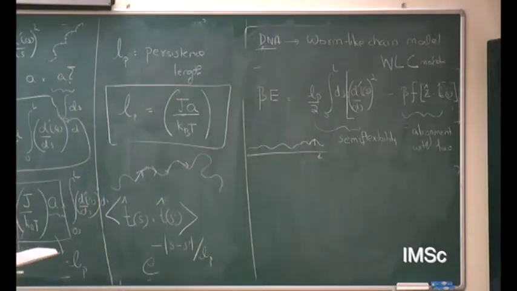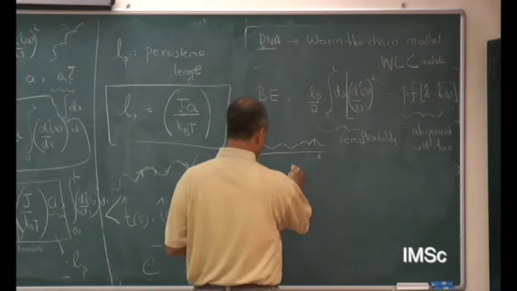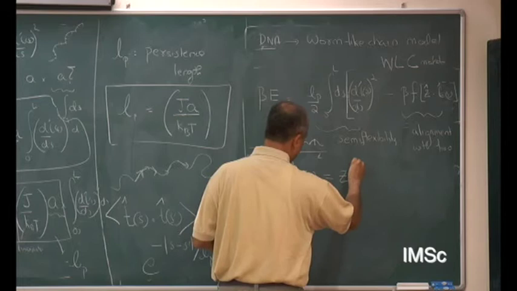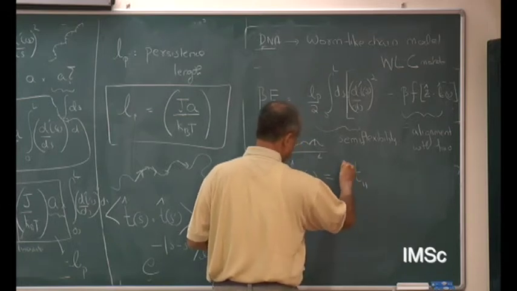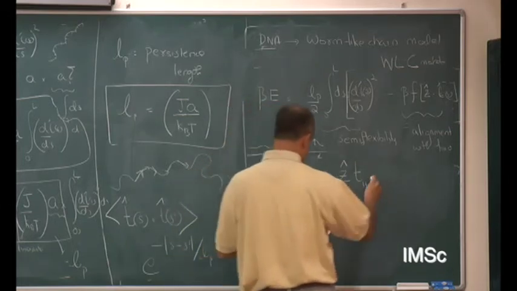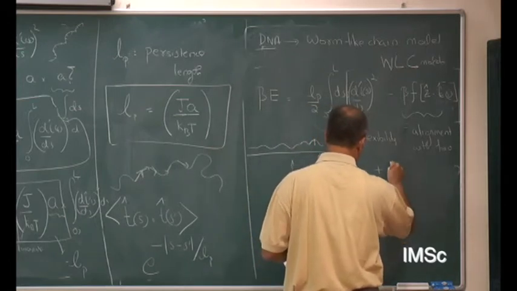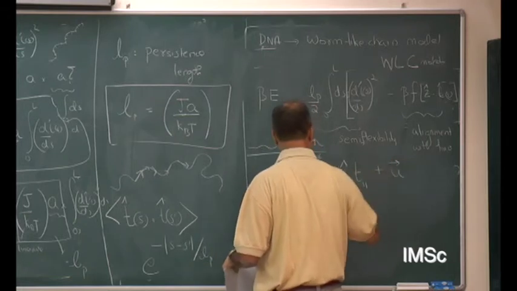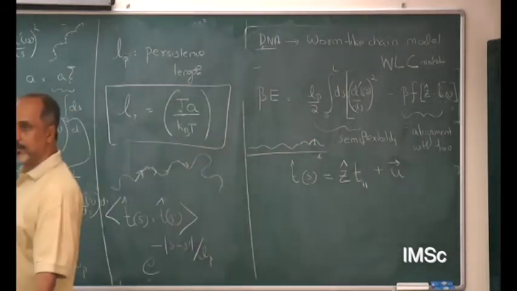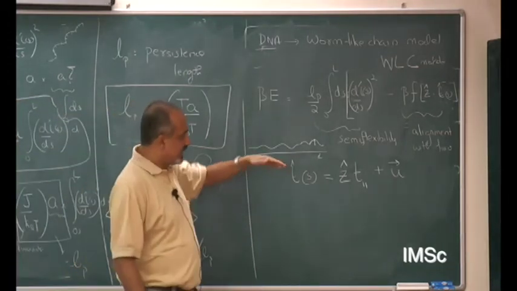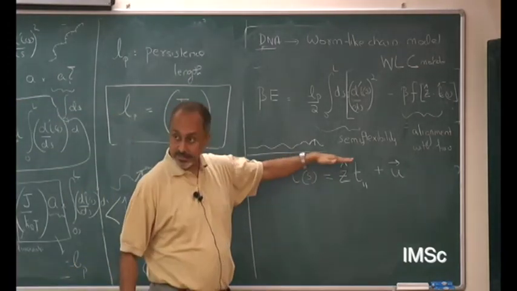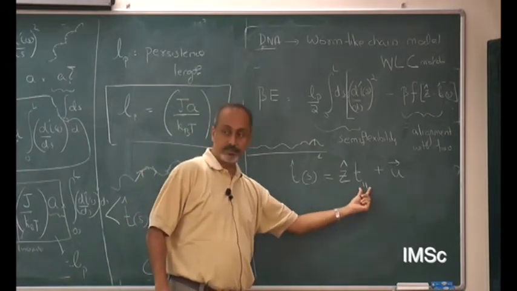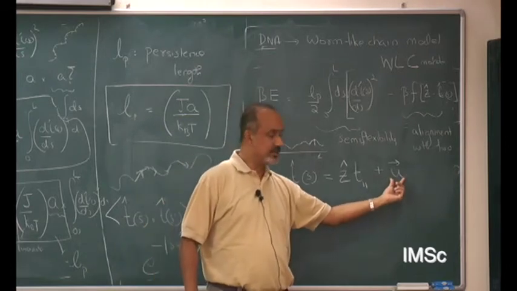So the polymer trajectory I'm going to define as T hat at any s is mainly pointing in the z hat direction, so z hat times T parallel, but there is some small component which is perpendicular to that, which I will call u, the vector u. Okay, so this is saying break up the T into a component that points in the z direction and a component perpendicular to that. The component that points in the z direction is T parallel. The component that points perpendicular to that is some vector u.